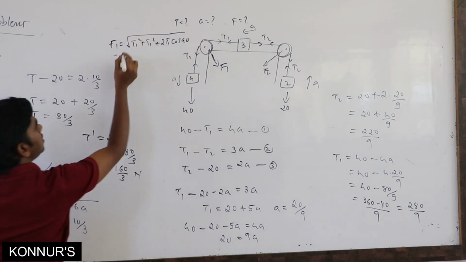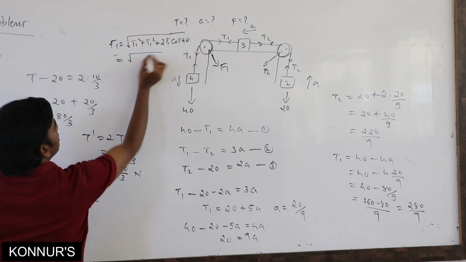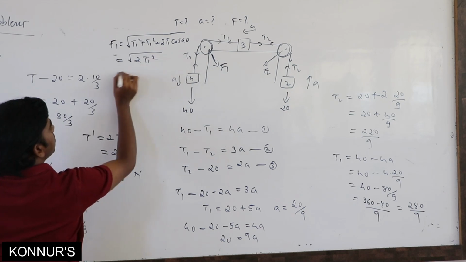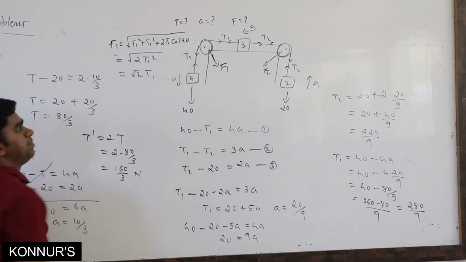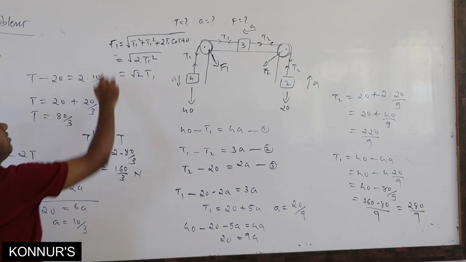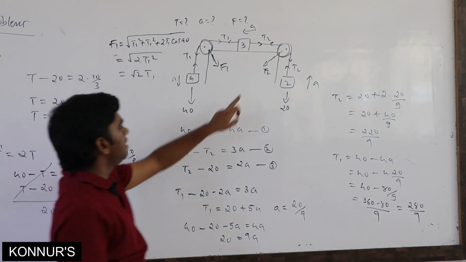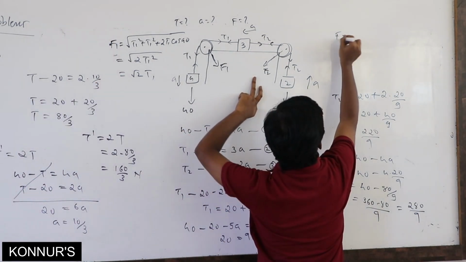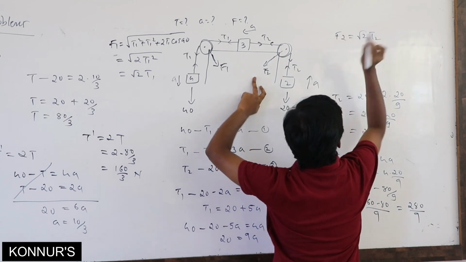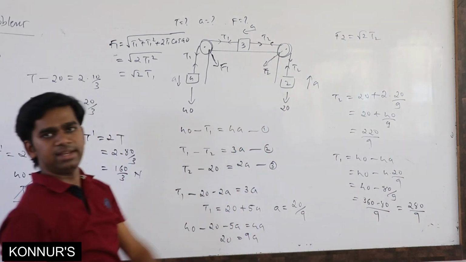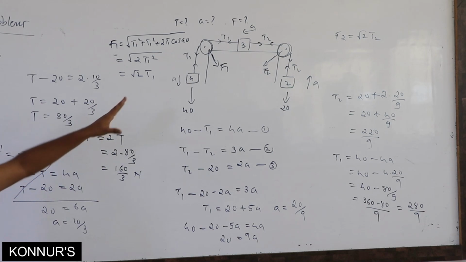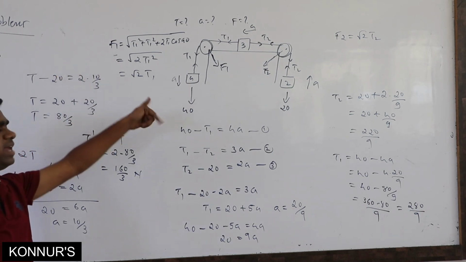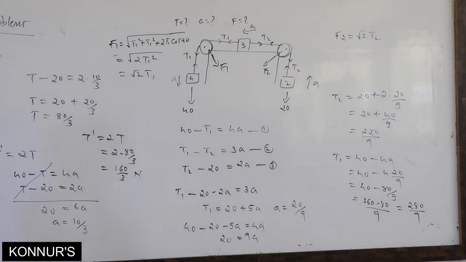So cos 90 means 0. So you will get root of 2 T1 squared, that is root 2 T1. That is your F1. Similarly, F2 is root 2 T2 because again the angle is 90 degrees. This is how we can get the net force acting on the corners by the pulleys.